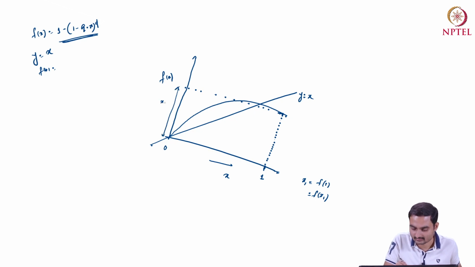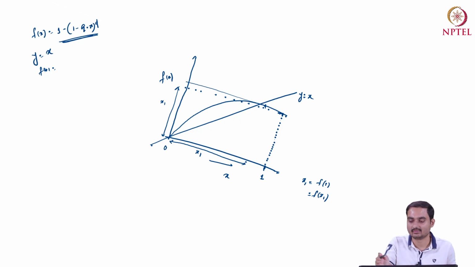This is x1, and I look at the corresponding value here. Similarly, the next one would be x2 and so on and so forth. We will keep on doing this until we reach this point.